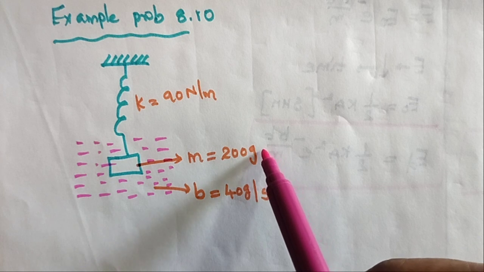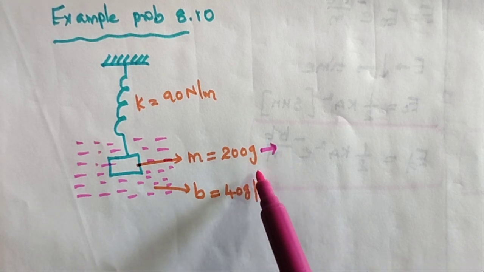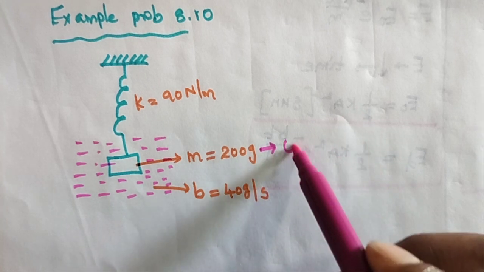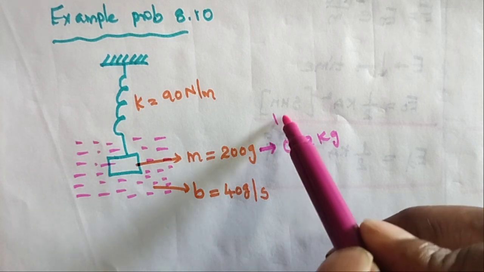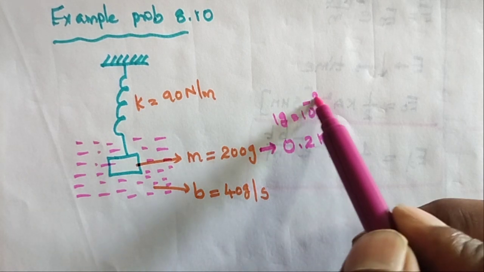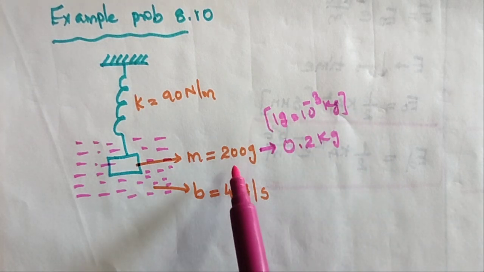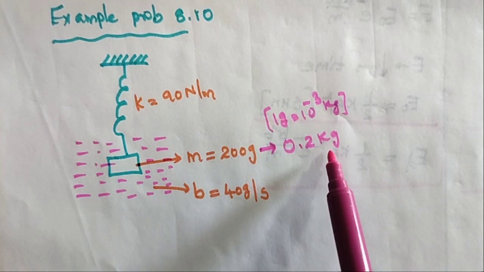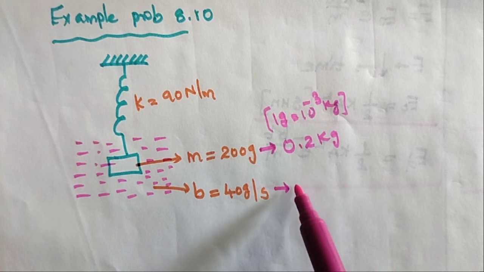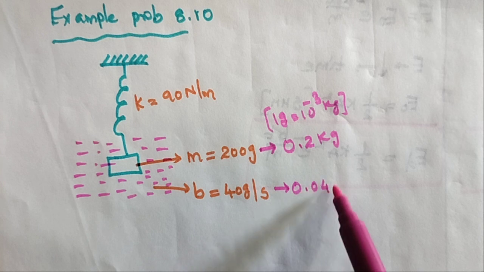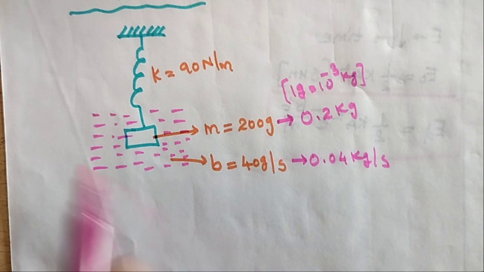So convert CGS units to SI units. 200 grams is equal to 0.2 kg, because 1 gram is 10 power minus 3 kg. And 40 grams per second is 0.04 kg per second.